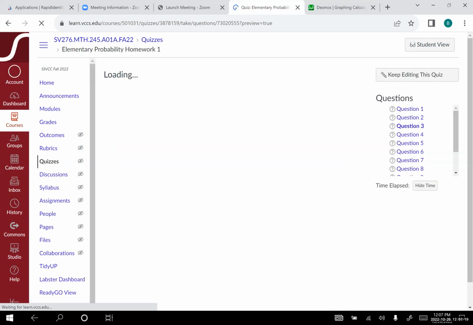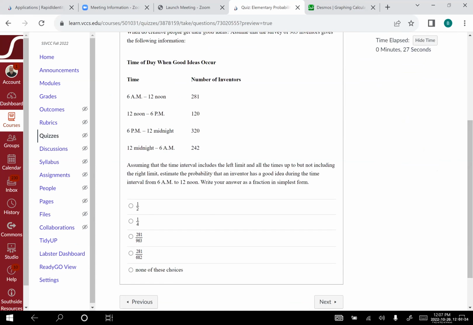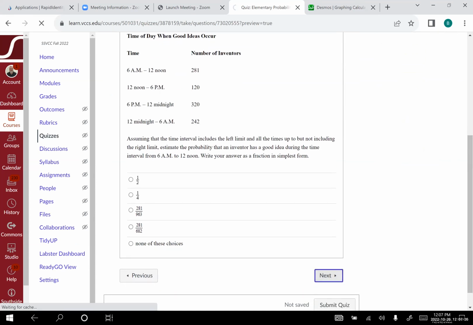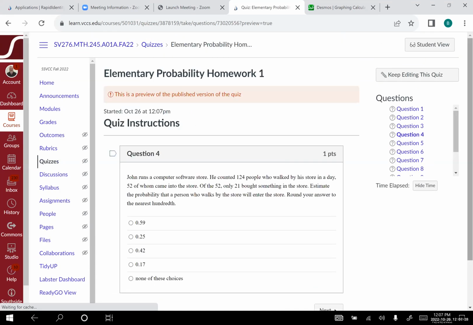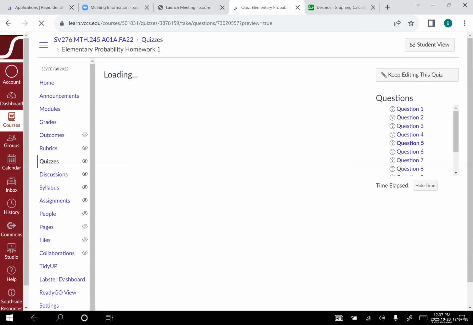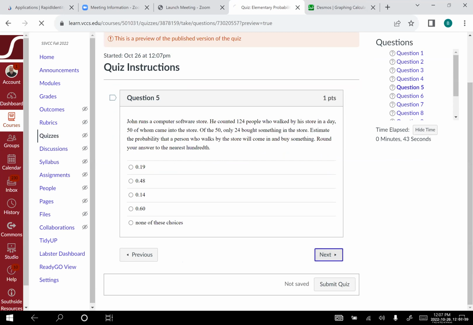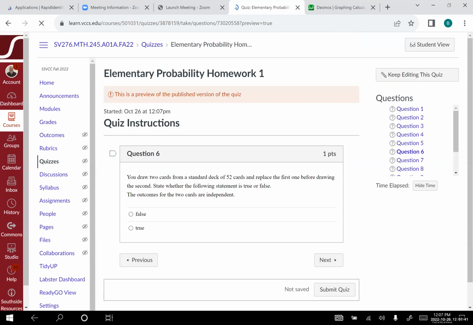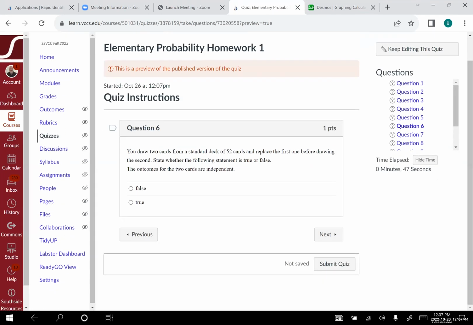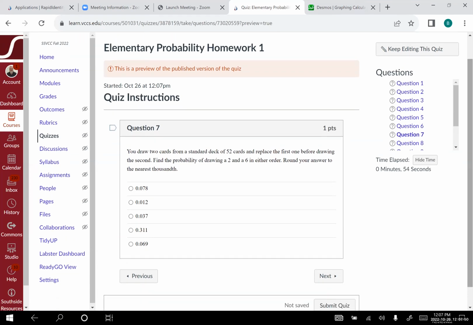Let me get to the ones we haven't done yet. I think that's the one we ended with.